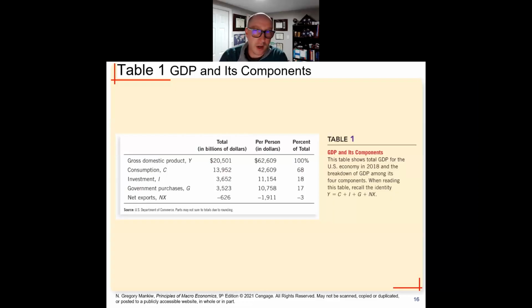Why is it important to look at it in both total and per person? The reason why we break it down to a per person level is to show what the actual generation of wealth is on a per person basis to allocate gross domestic product. That's why we see it in a per person perspective.